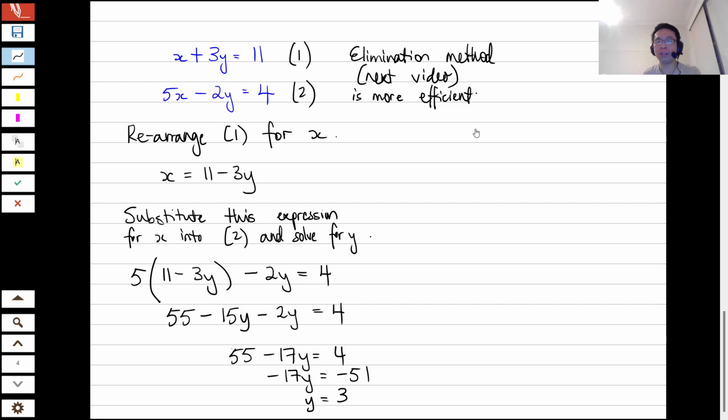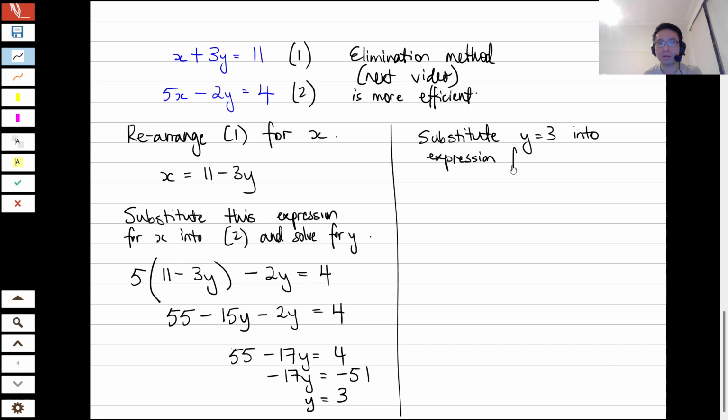And now what we can do, I'll just draw a new column here. I'll say substitute y equals 3 into the expression for x. So I could put it back into one of these two equations here, but it's actually quicker to put it into this equation because at the end I'll get my value for x straight away.